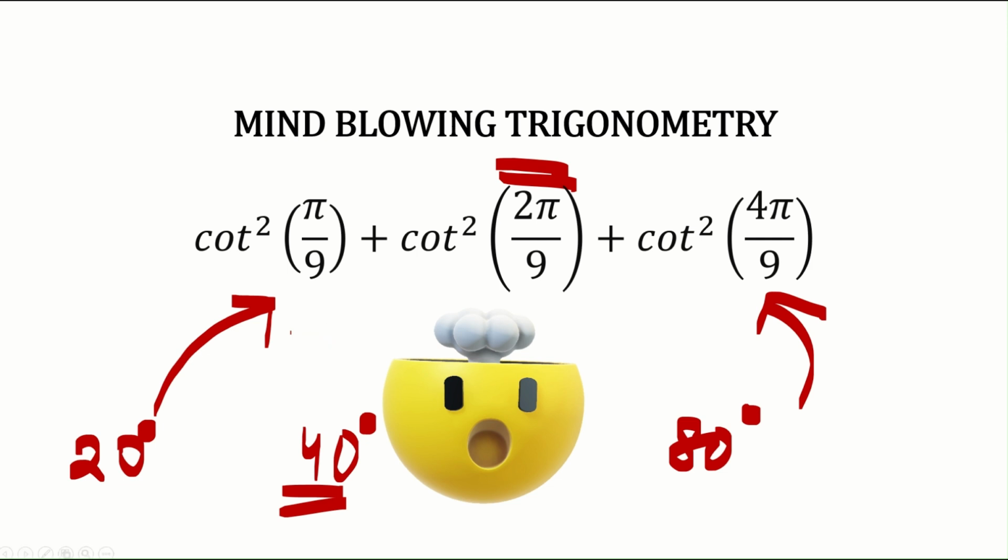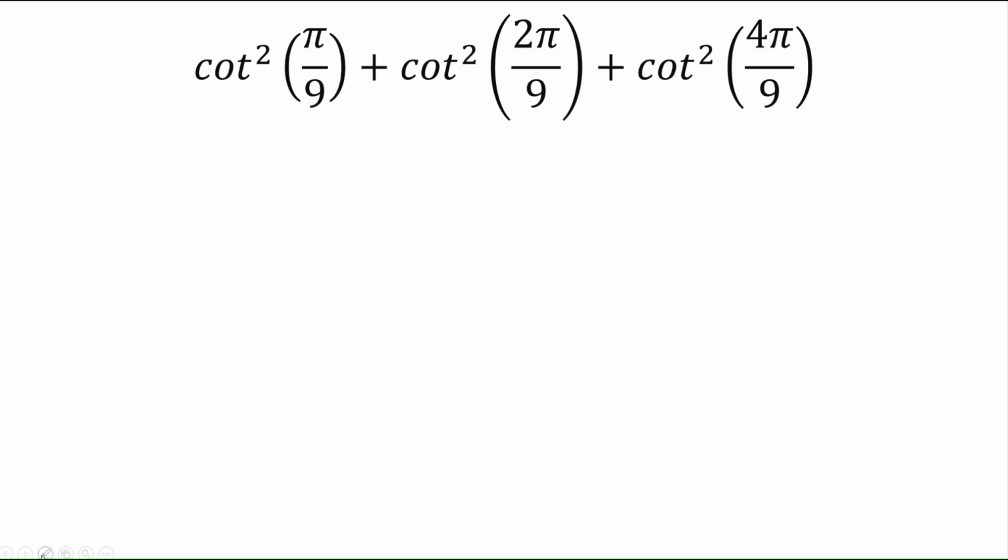Okay, so let's see what we can do here. First and foremost, I will try to convert these non-standard angles into some nicer angles. So we have first angle pi over 9, second angle 2 pi over 9, and third angle 4 pi over 9.